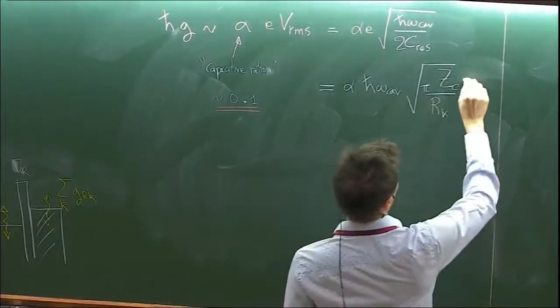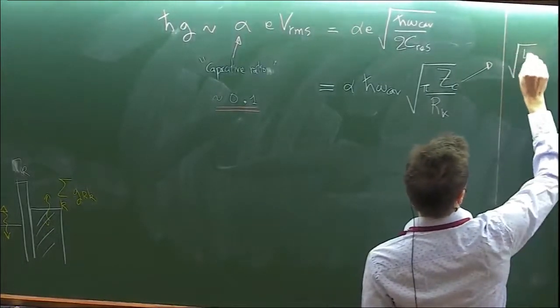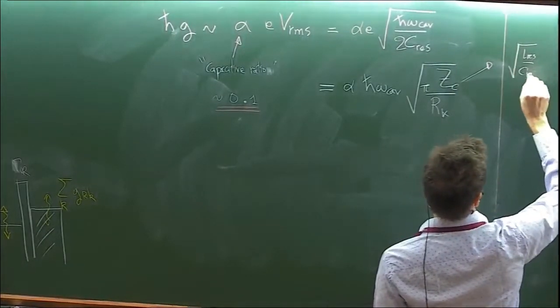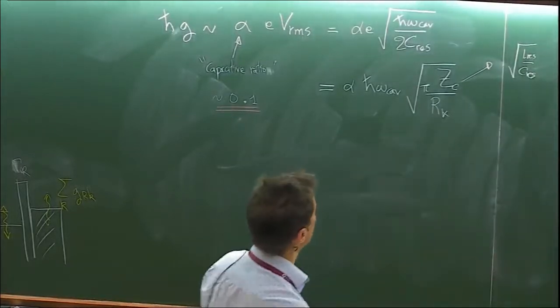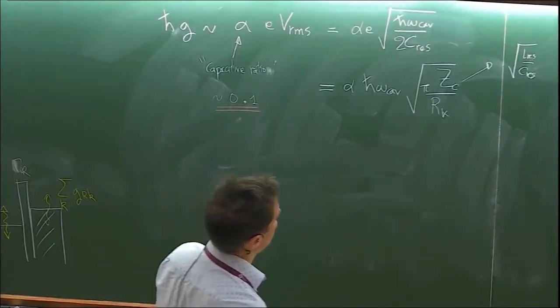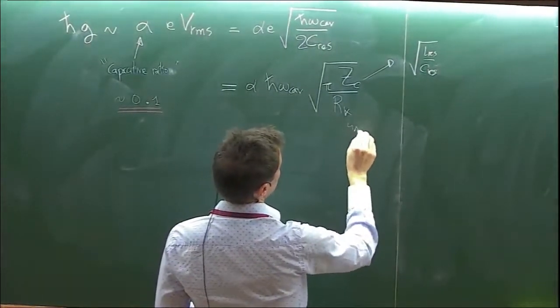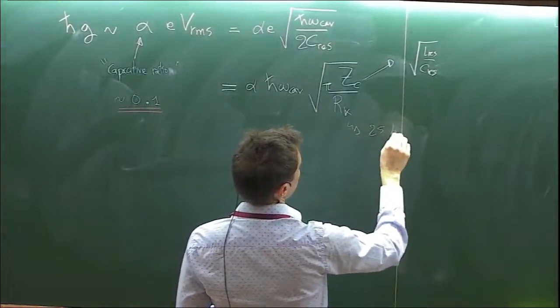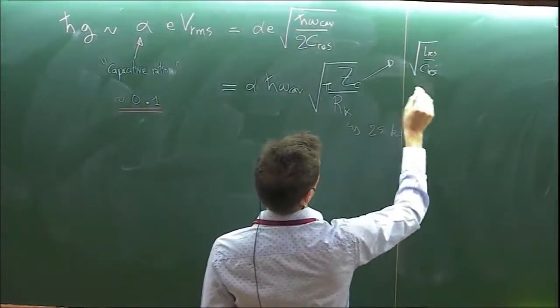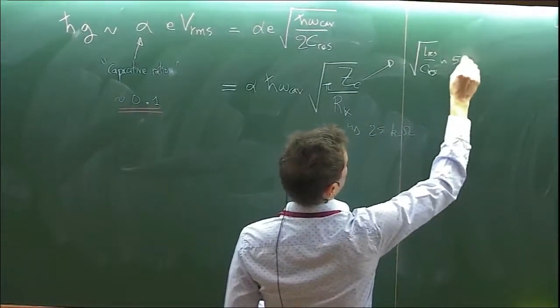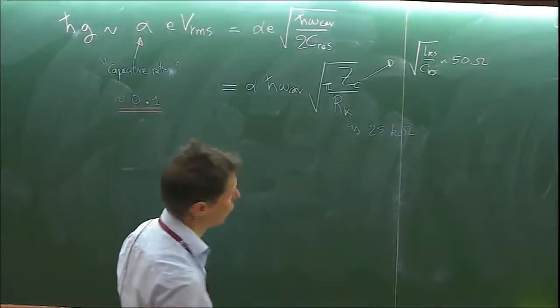So this is the square root of L resonator over C resonator. And so you see that now, so this guy, it's about 25 kilo ohm. And this guy now is about, in conventional setups, 50 ohm.